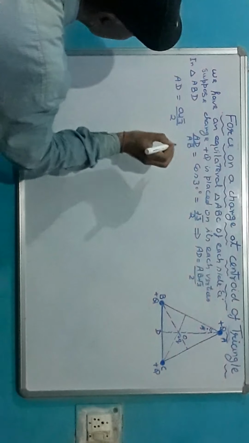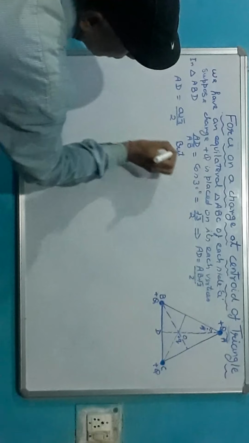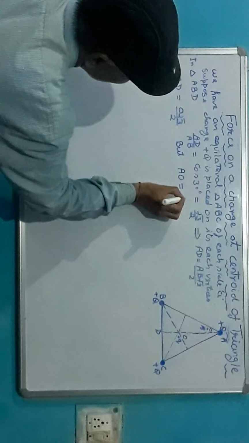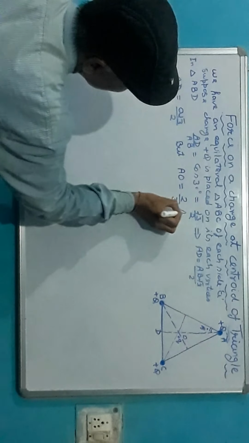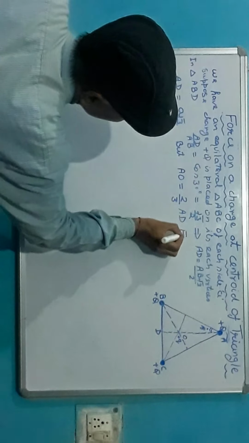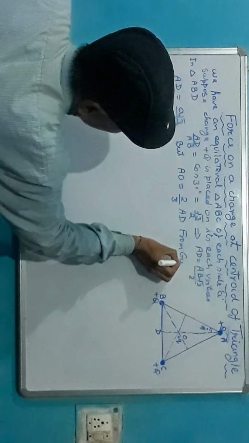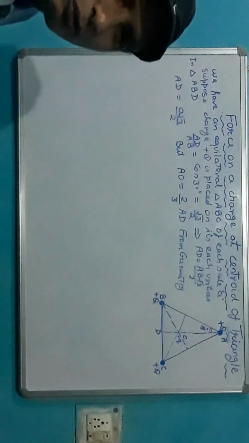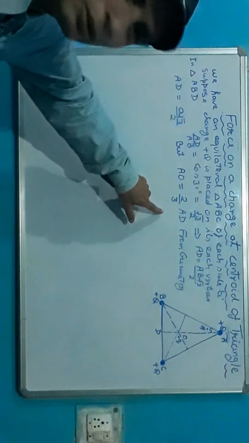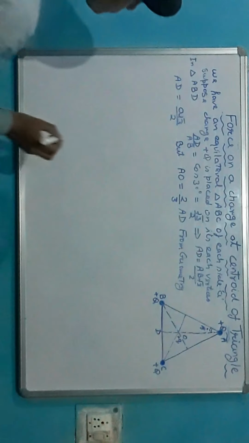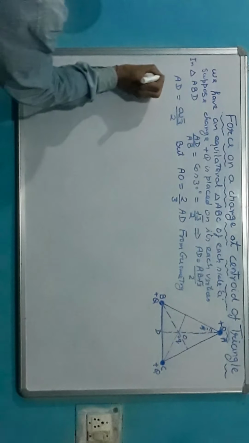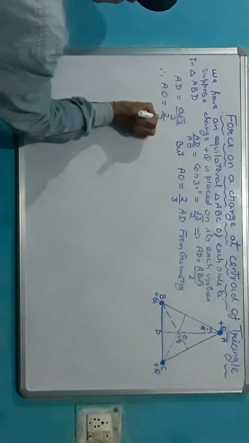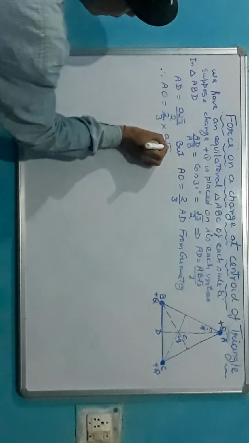From geometry I know that the distance AO should be equal to 2 by 3 AD. In mathematics you have studied the properties of the equilateral triangle, and that is one of them. Therefore AO comes out to be 2 by 3 into a root 3 by 2.